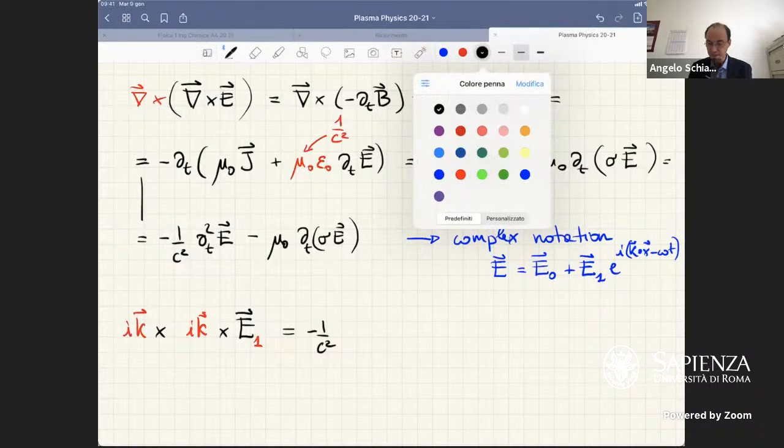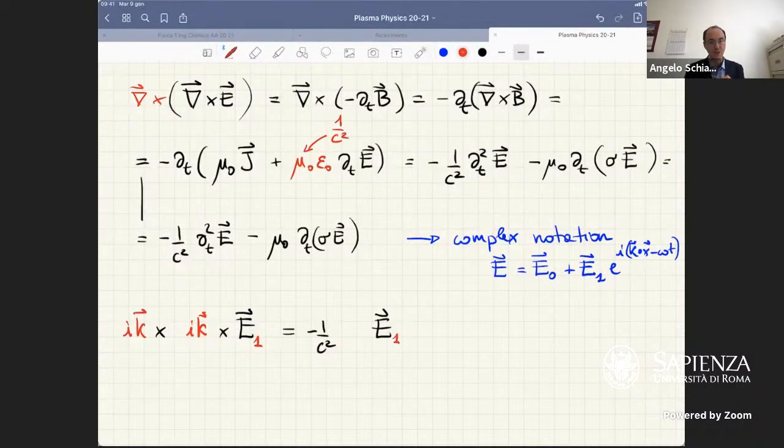I put everything that's new in red, so you know what is the single step from one equation to the other one. And then we have that one derivative with respect to time means multiply by minus i omega.